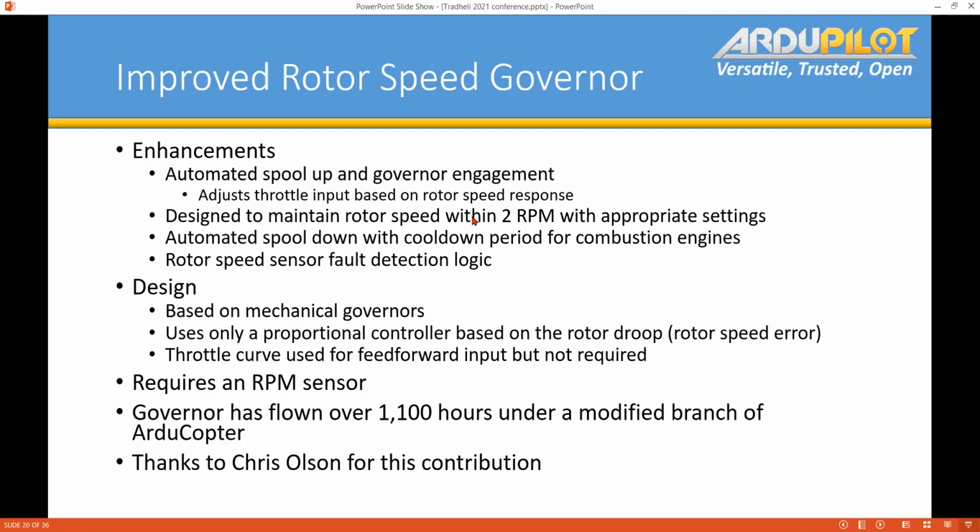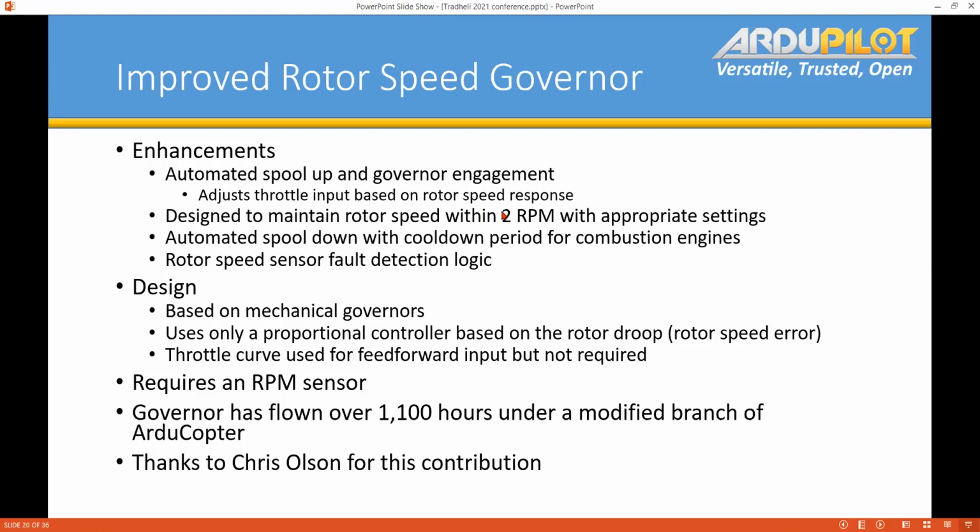So basically, the enhancements allow for automatic spool up and governor engagement. It also monitors the response of the rotor during the governor engagement, so that if the motor coughs a little bit, it will manage the throttle to help bring the engine up to speed if it can.